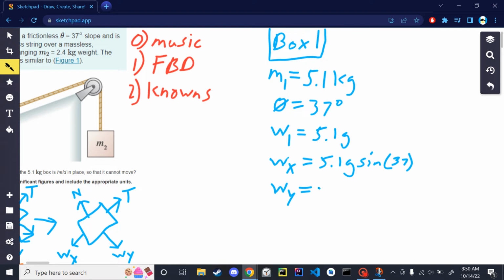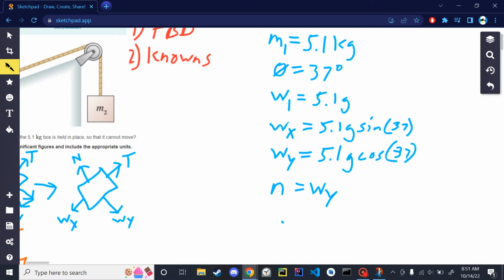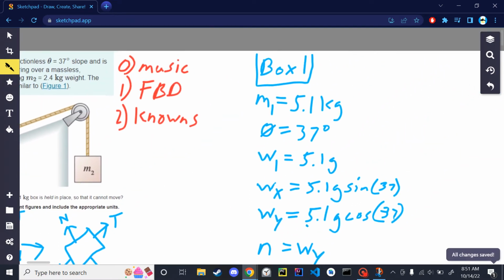The y component is the adjacent, so it's 5.1 times gravity, and then we need the adjacent side, so that's cosine. We know the normal force is opposite the y side, so normal is equal to Wy. And we know that we also have a tension force, but that tension force is unknown. That's what we're solving for. So tension equals some number. And that's everything we know for box 1.